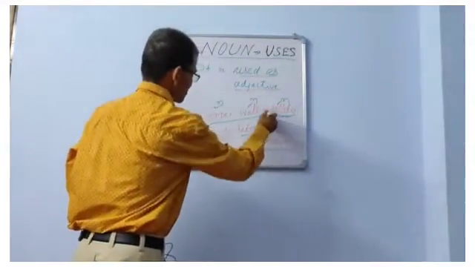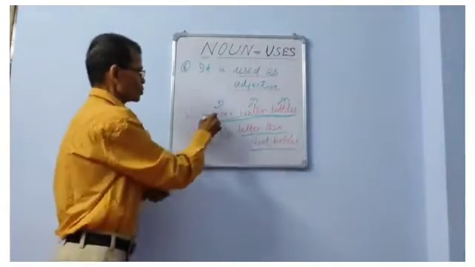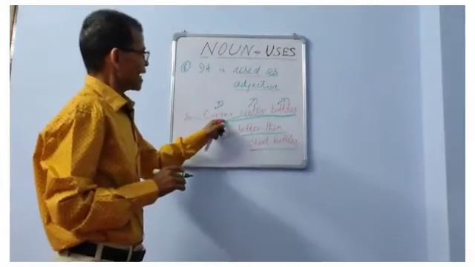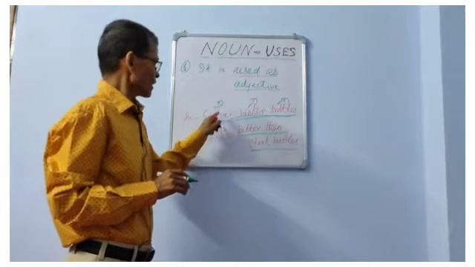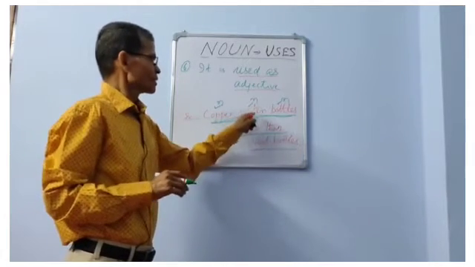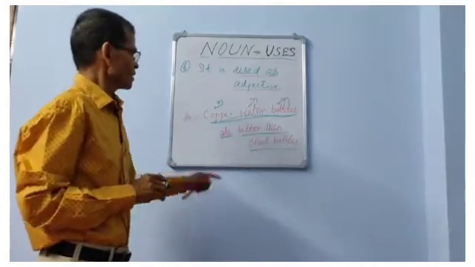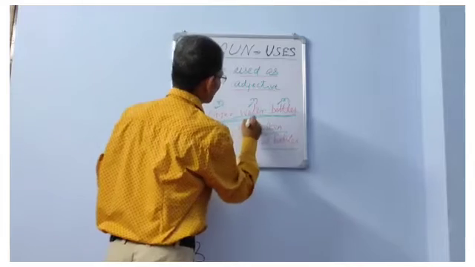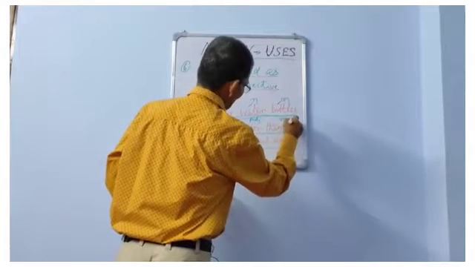In this noun phrase, copper water bottles, the 2 nouns, water and copper, are used as adjectives, and these 2 nouns qualify the final noun, that is bottles. Therefore it is used as an adjective.